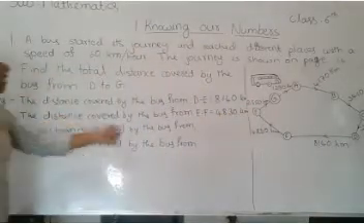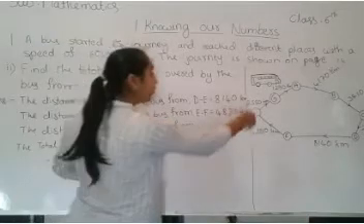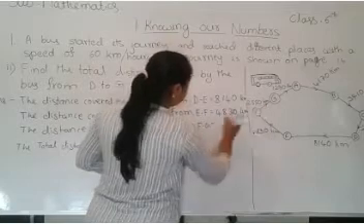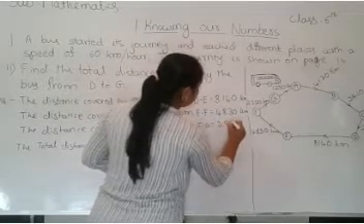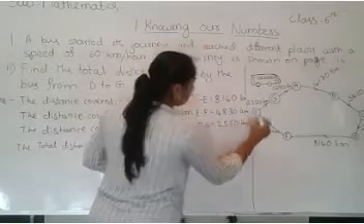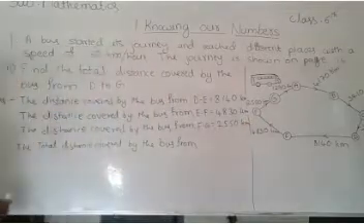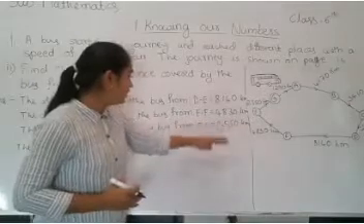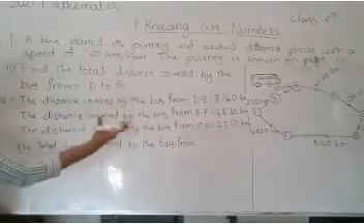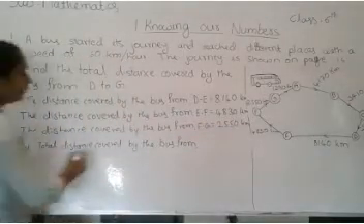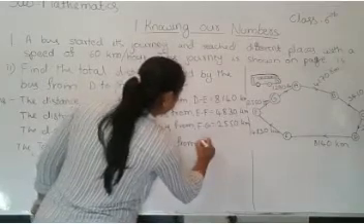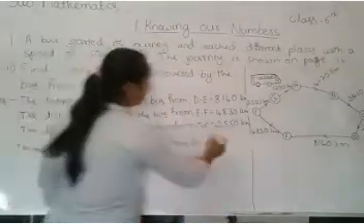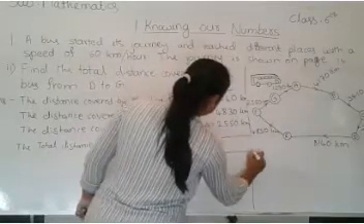The distance covered by the bus from F to G is 2550 kilometers. Then we have to find the total distance covered from D to G. We have to do addition.